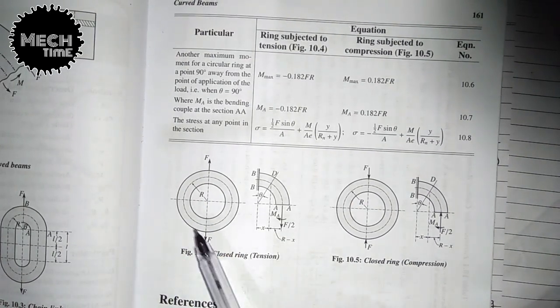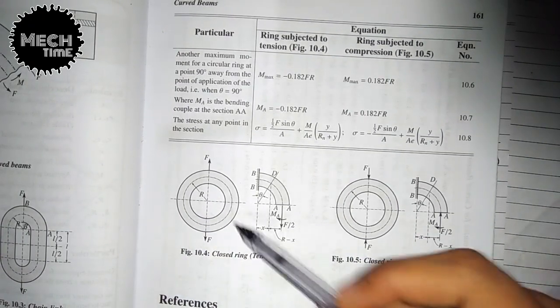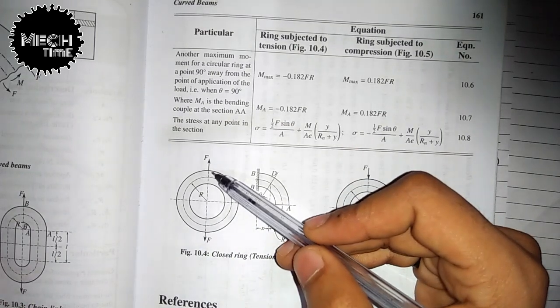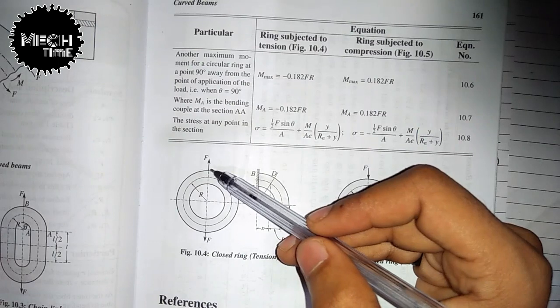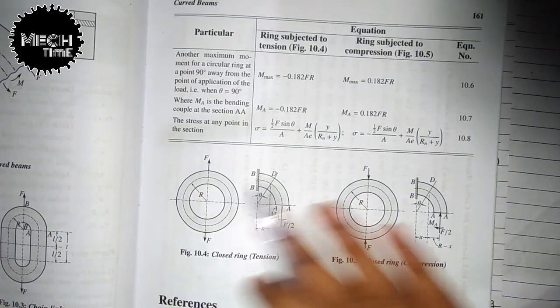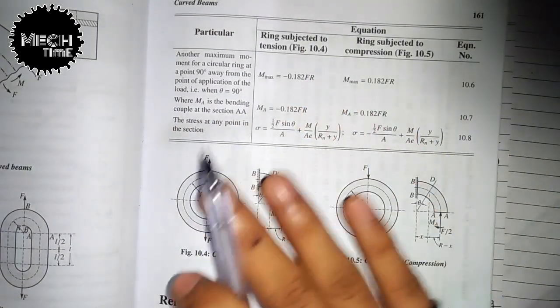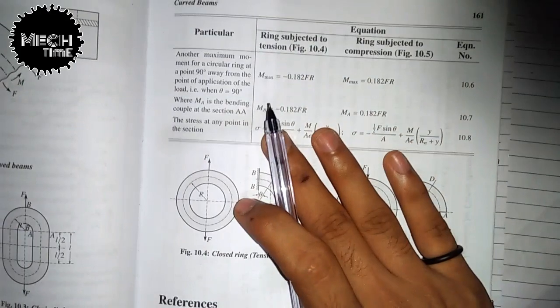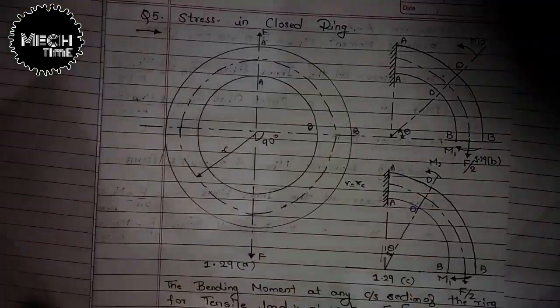So you do not need to draw everything. Only draw the ring like this and show the force. This position is tensile and this is compressive, and then you need to draw this. Everything else will be the same, and the formulas will be present in this equation. So I'll start.